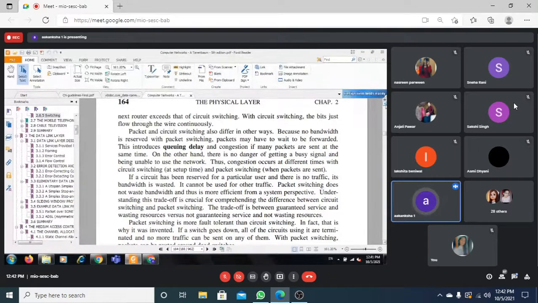Or you don't want to waste the bandwidth, you want to utilize it efficiently and accommodate more users in packet switching, but with some queuing delays. So it is up to you which kind of communication network you want to design. One is guaranteed service and wasting resources, that is circuit switching, versus not guaranteeing any service but not wasting the resources, that is packet switching.